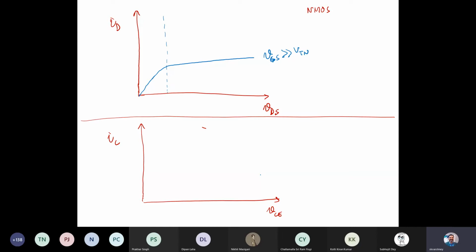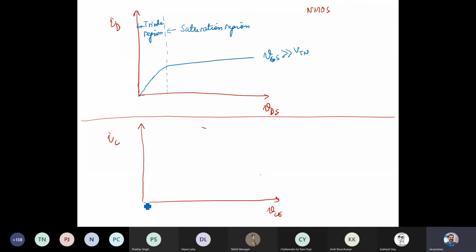This region is your saturation region, and from here to here is the triode region.